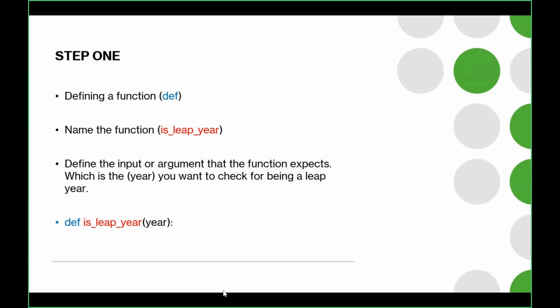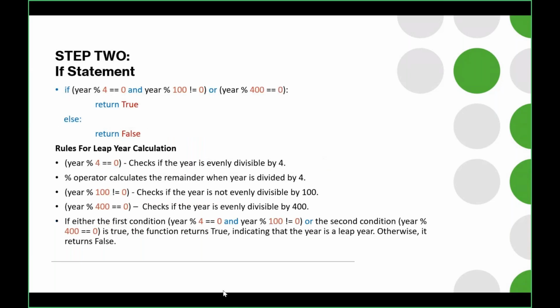I give it is_leap_year as the name, and then we define the input or argument that the function expects, which is the year you want to check for being a leap year. So line one would be: def is_leap_year(year).